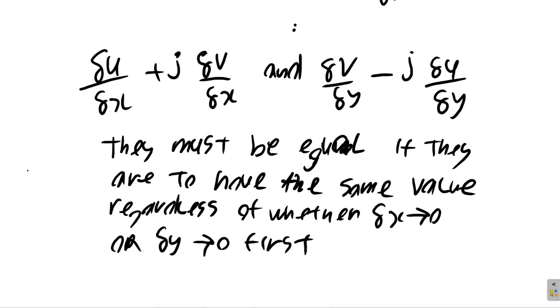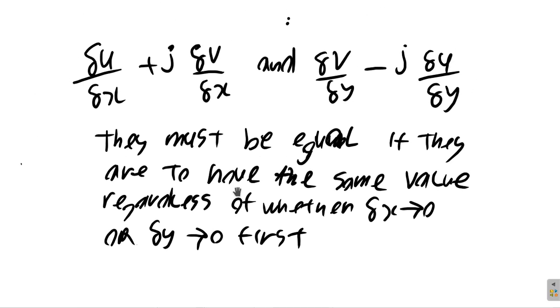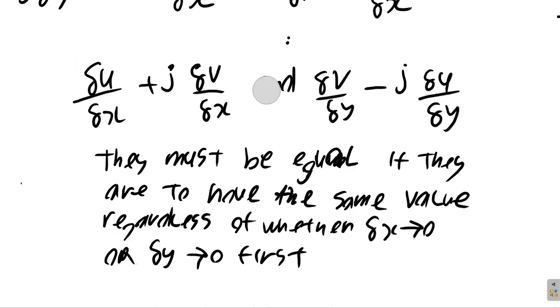Alright? So what I can write here then is that if they must be equal, then I could change this thing, this and, to an equal sign. Alright?